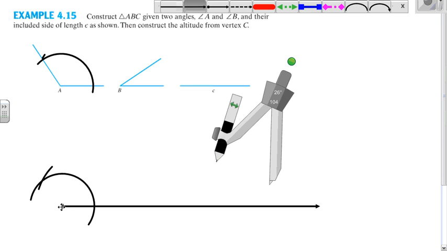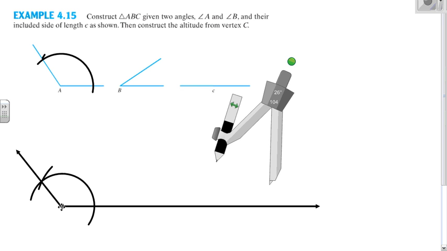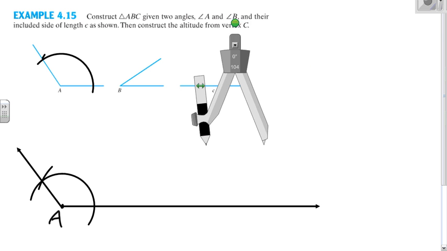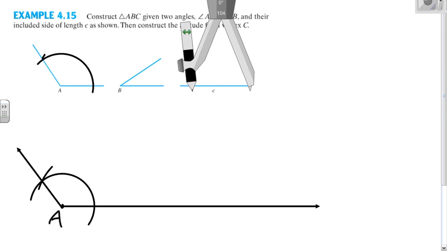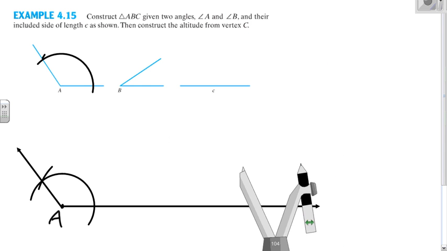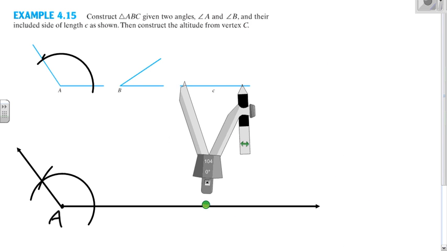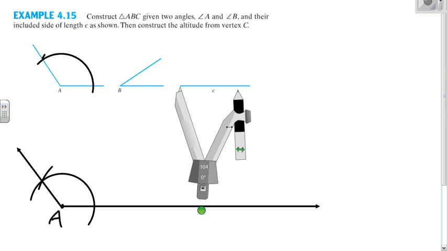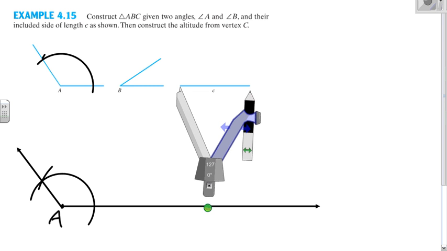So now we can draw the other side of angle A. Next, we can measure out the length of C by going from endpoint to endpoint.